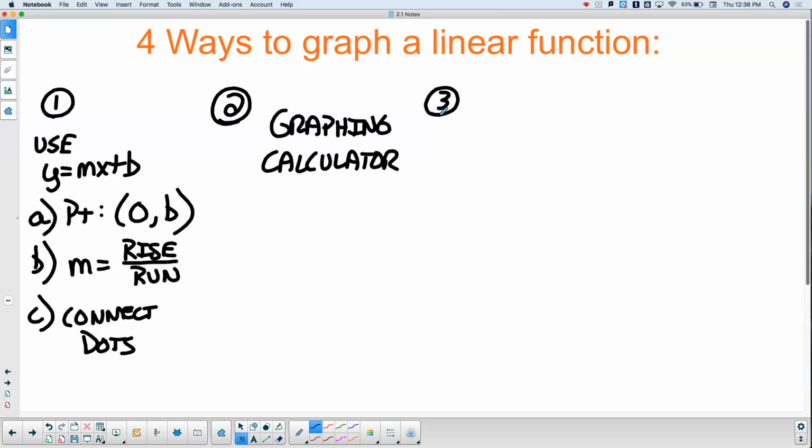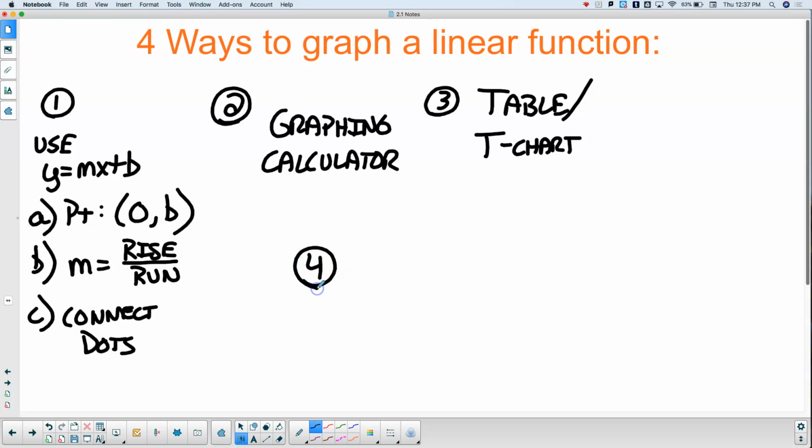What do you mean by the points? You do ordered pairs. So, like a T-chart? Okay. You pick a bunch of x's, you plug x's into your function, you find the outputs, and then you graph those points. Okay, love it.